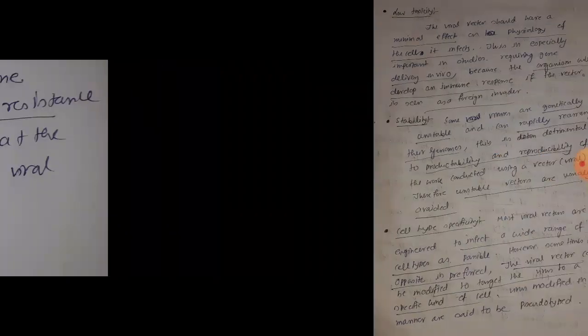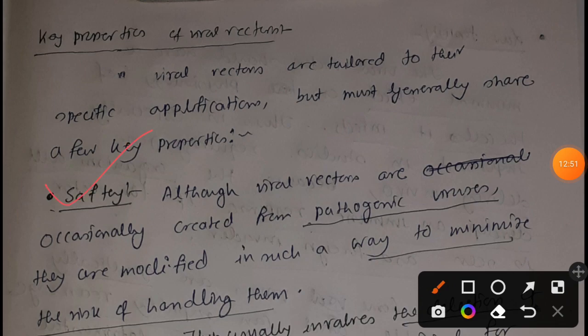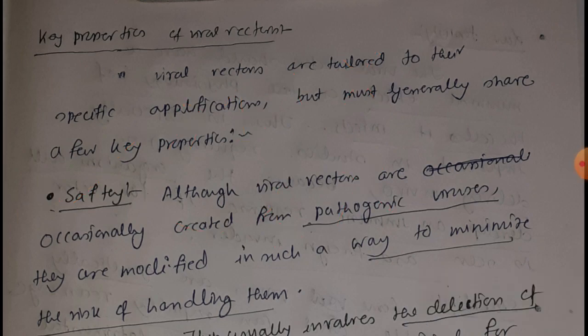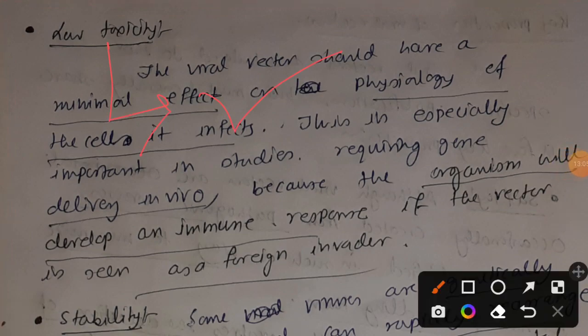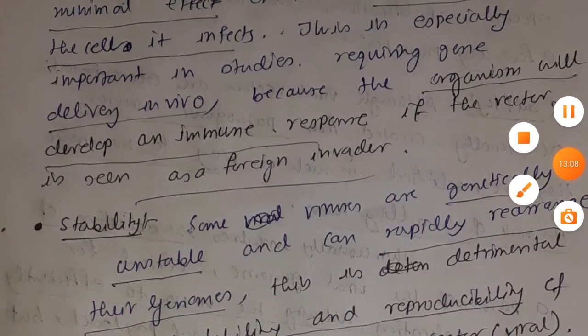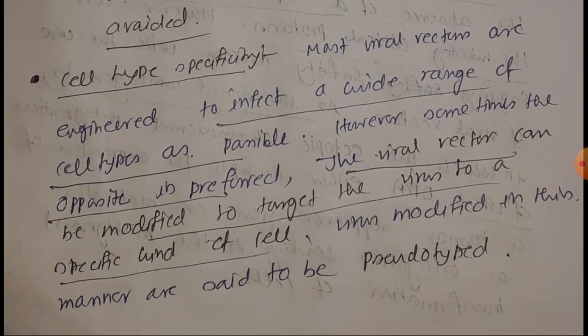So these are the various important features that a good viral vector should have. One is safety, where insertional mutagenesis should be prevented and, on the other hand, replication of the virus should be prevented. Low toxicity: the virus should have minimal toxicity. Stability: we should avoid those viruses that are not genetically stable. Cell type specificity depends completely on our need.